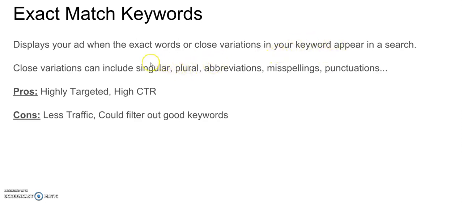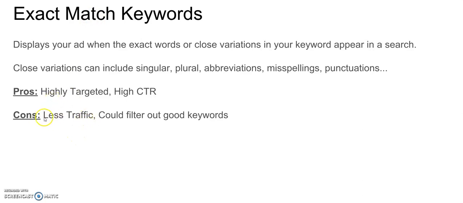The pros of exact match keywords are highly targeted traffic, and since that is the case, you're also going to get a higher click-through rate. The cons: less traffic, because it's going to be highly targeted. There is an exception here, because if you find a really good exact match keyword that's very popular, you could get more traffic.